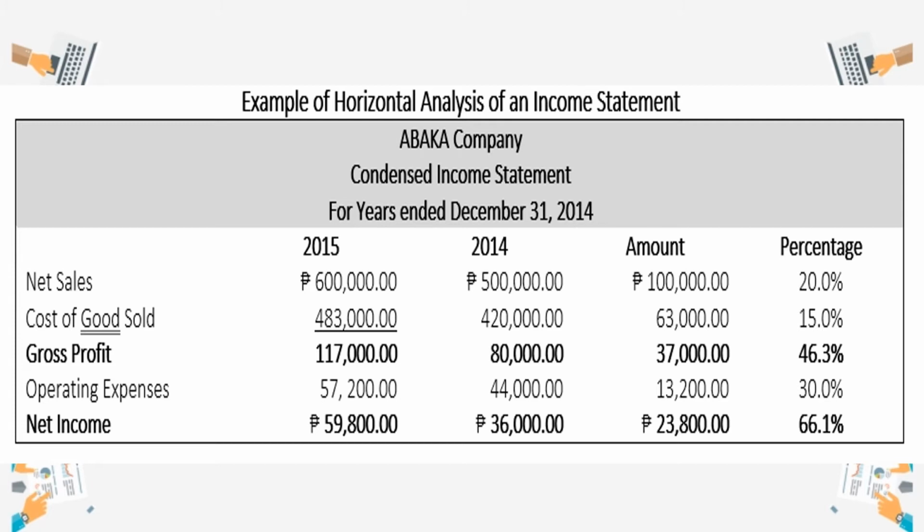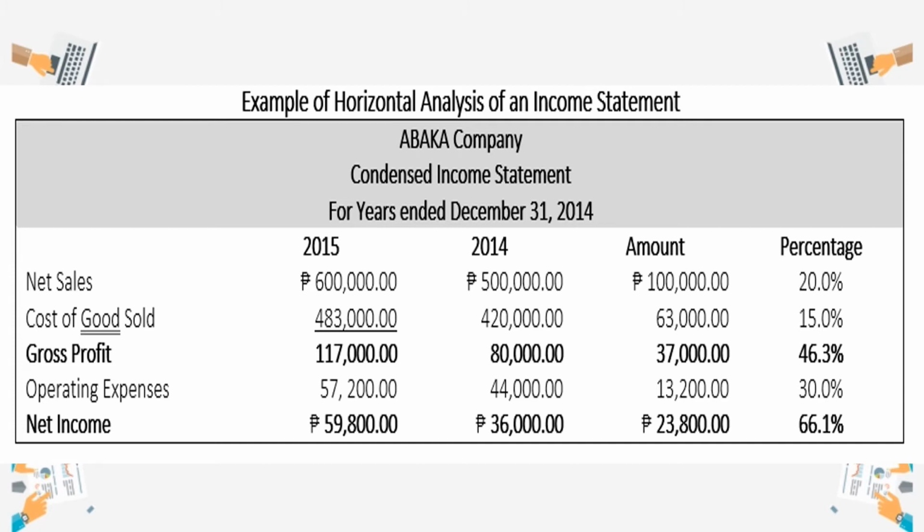For the profit, there is also an increase of 37,000 pesos. For the operating expenses, another increase of 13,200 pesos. And for the net income, we have here 36,000 from 2014, which increased in 2015 to 59,800. So the amount of increase or the peso change is 23,800.